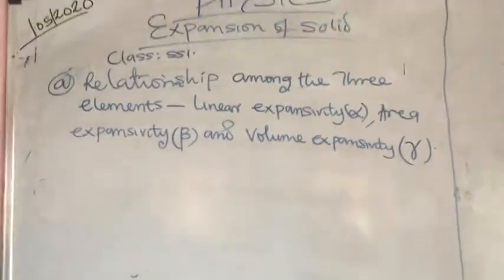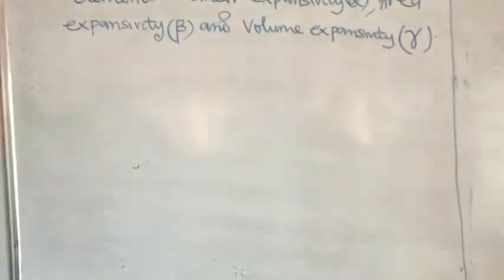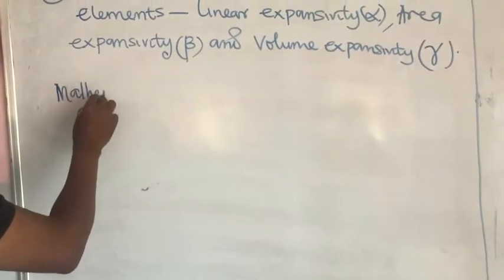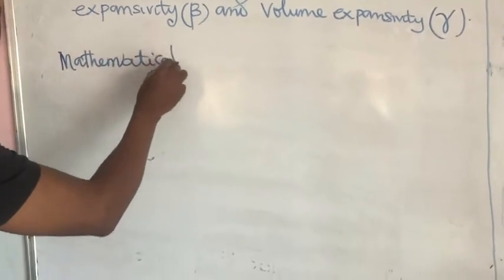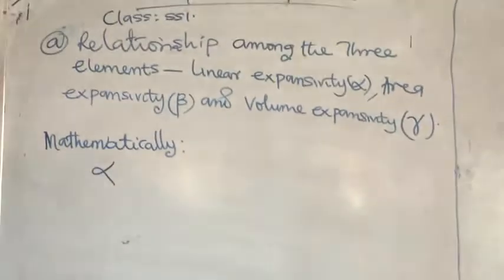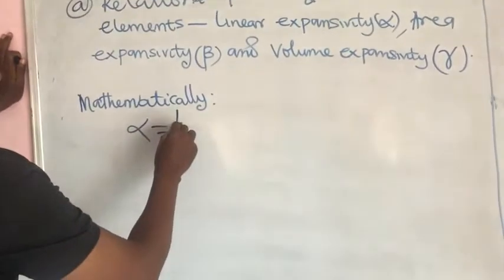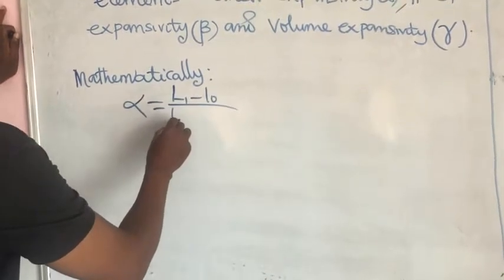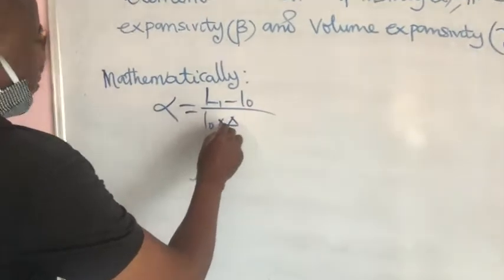But now we look at the definition. Already we know from the definition that linear expansivity mathematically, linear expansivity alpha is equal to change in length over original length times delta theta, that's change in temperature.